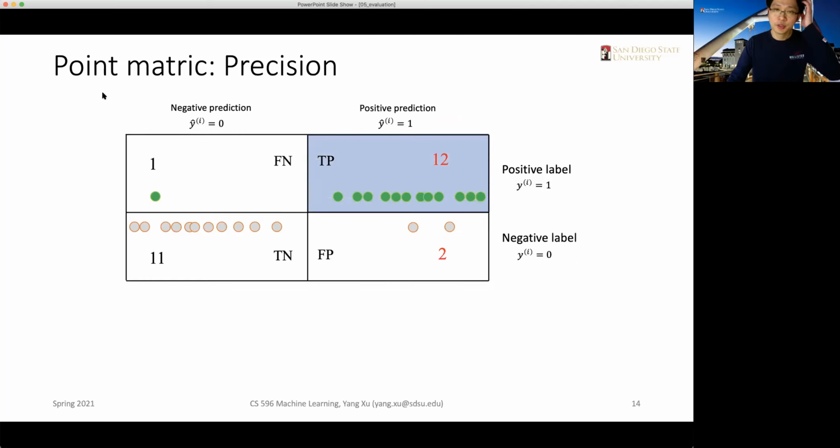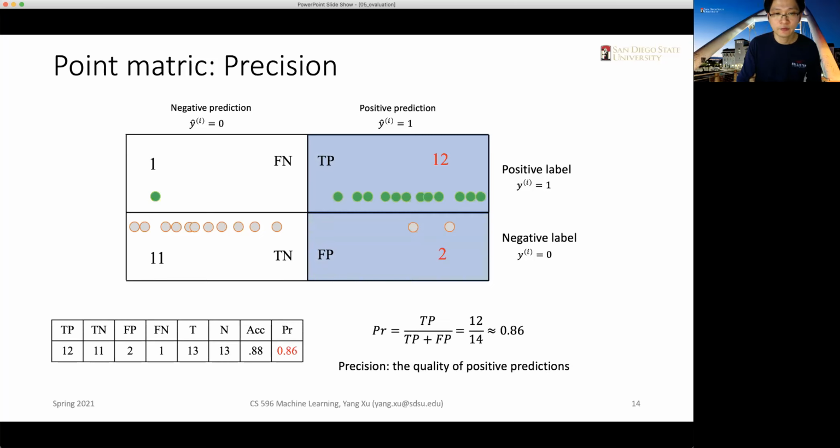So precision is defined on top of those positive predictions, the second column. So the second column is the number of positive predictions regardless of their actual labels. If we look at this column, it has 12 plus 2, which is 14 positive predictions in total.